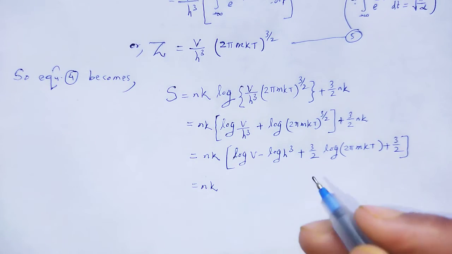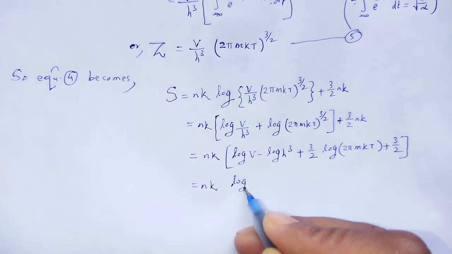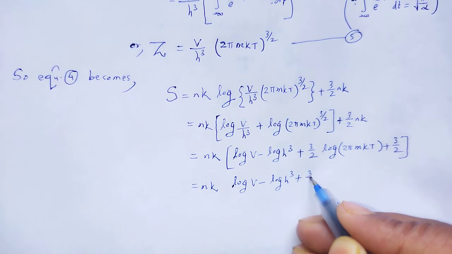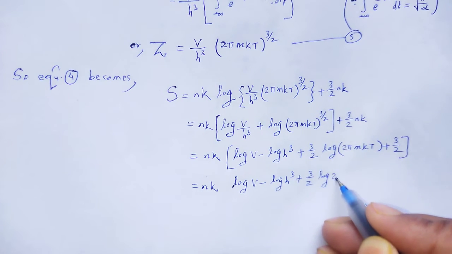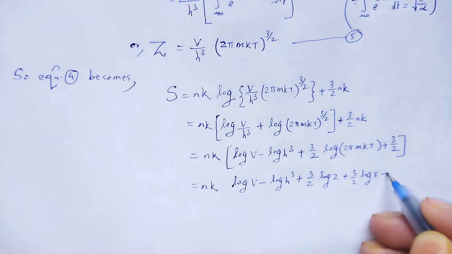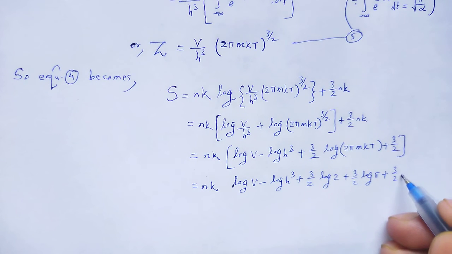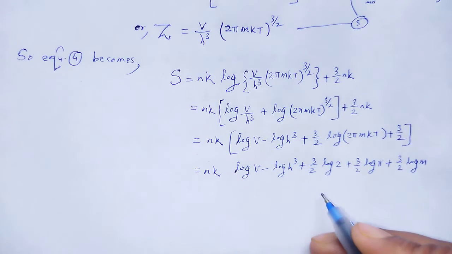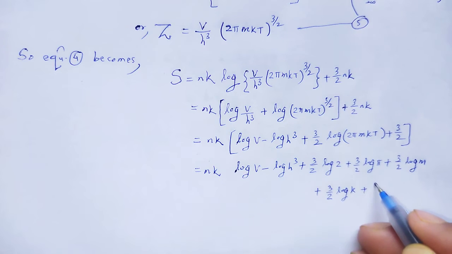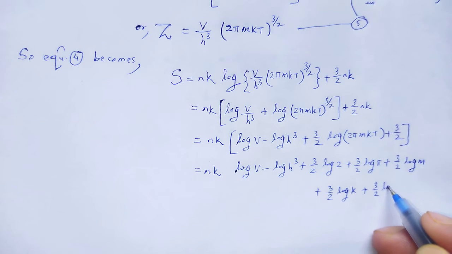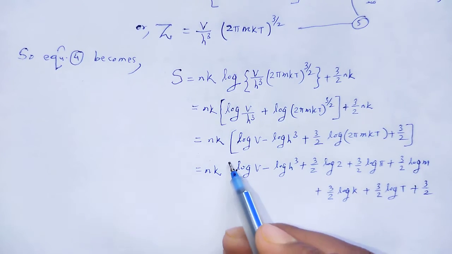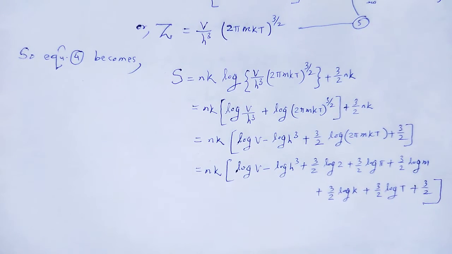Now Nk log V minus log h cube plus 3 by 2 log 2 plus 3 by 2 log pi plus 3 by 2 log m plus 3 by 2 log k plus 3 by 2 log T plus 3 by 2 within that bracket.